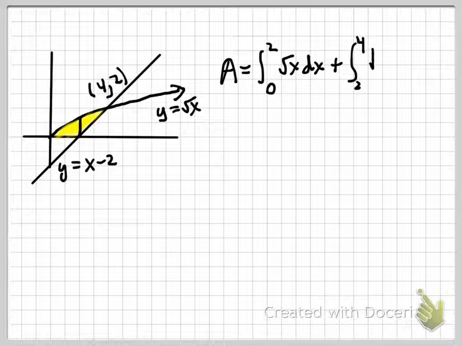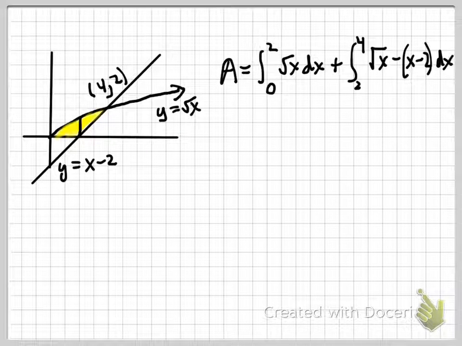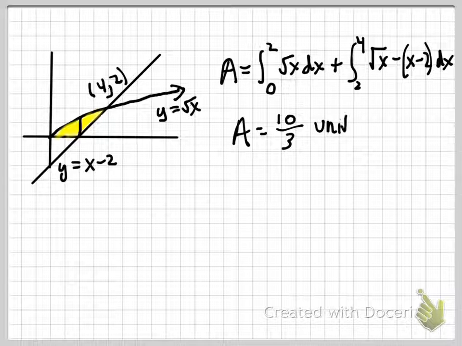The one up top is square root of x, and the one on the bottom, which we would subtract, is x minus 2, and all of that is with respect to x. So we could calculate that out, and it would show us that our area is equal to 10/3 units squared.